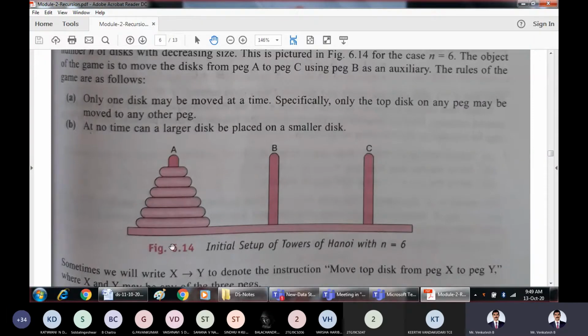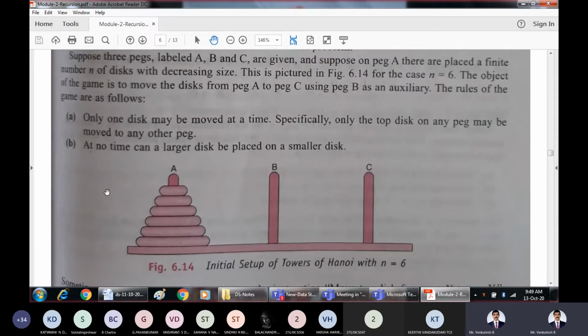Here pole A is this one, this is B, and this is C. We need to move the disks from peg A to peg C using peg B as the auxiliary or temporary location. We should move all these disks from A to C using B as an auxiliary reference.